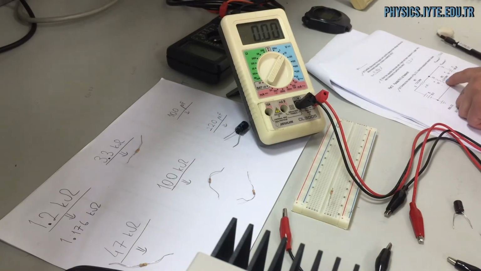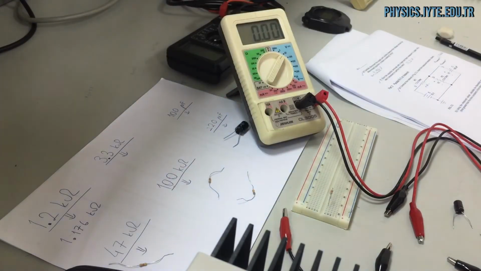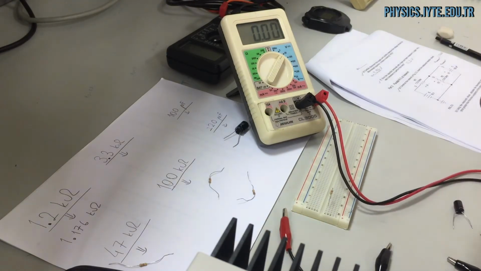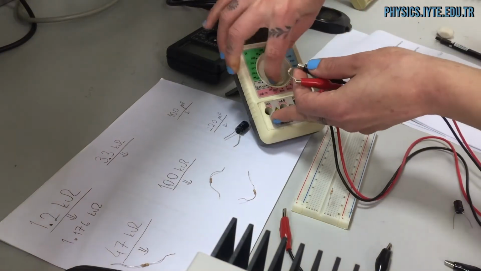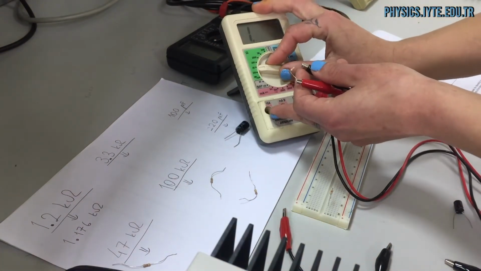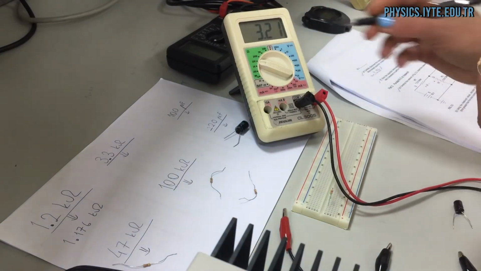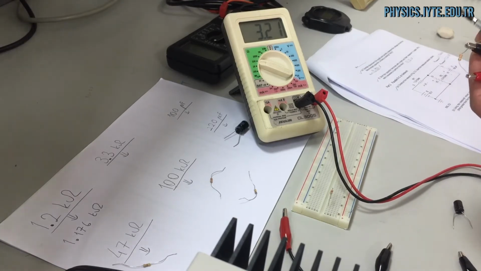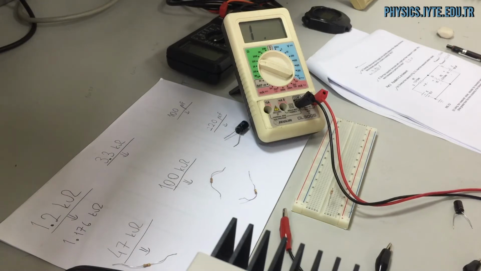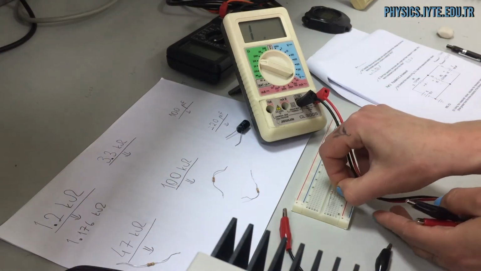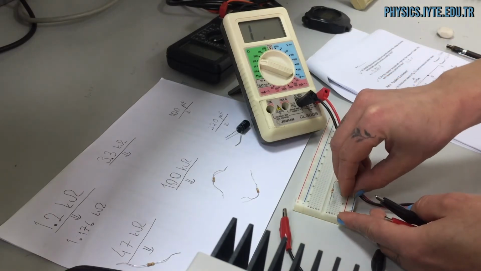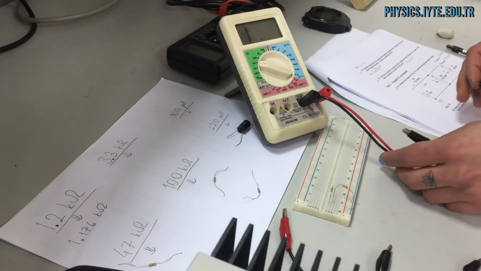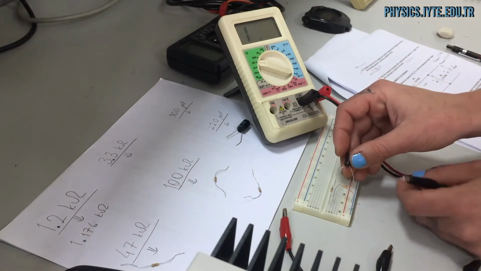And secondly, we will use another resistor, which is measured again, and we can write 3.21 kilo ohms as its actual value. And a capacitor will also be connected.